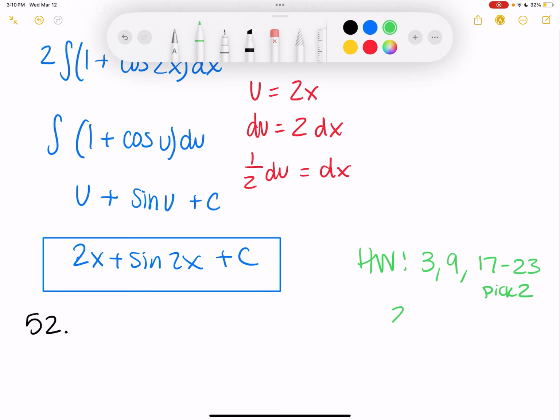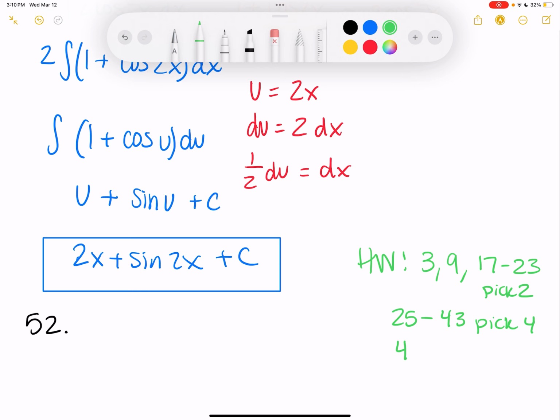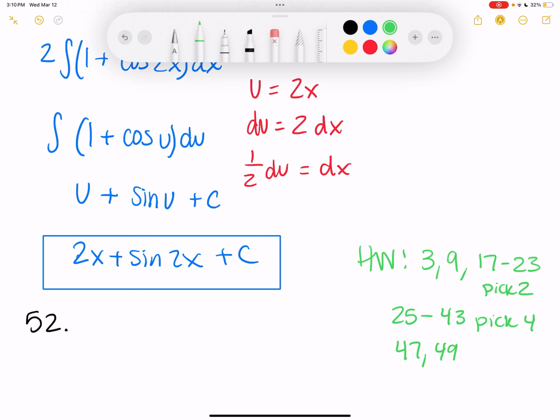And then 25 through 43, pick 4. And then 47 and 49. And then we've got just left 52, 54, 58, 60, and 66. Just 2.5 pages of examples left.